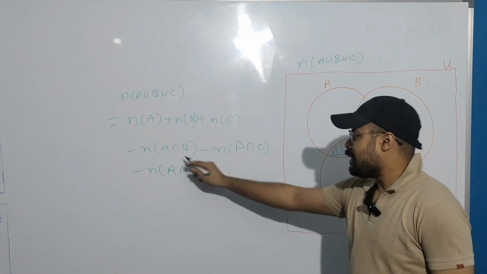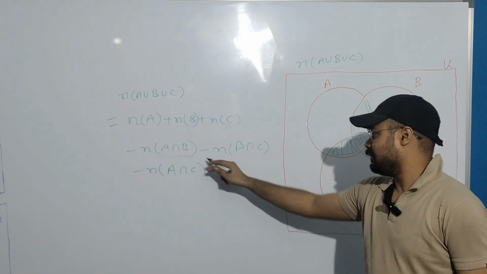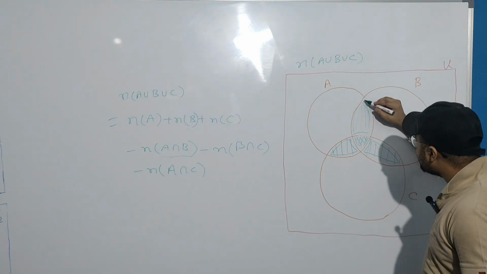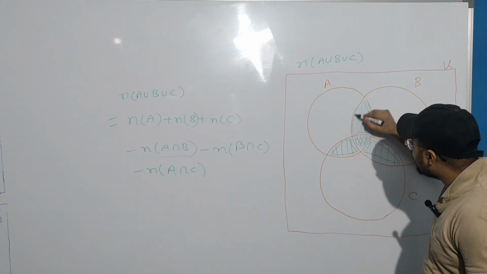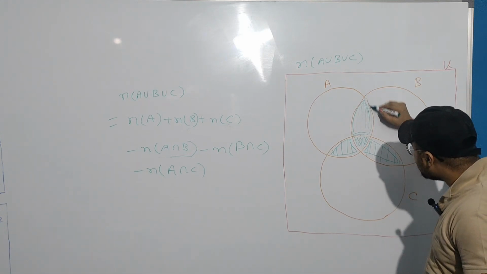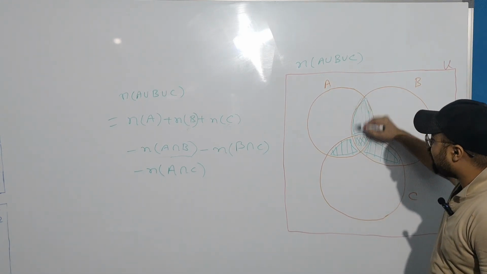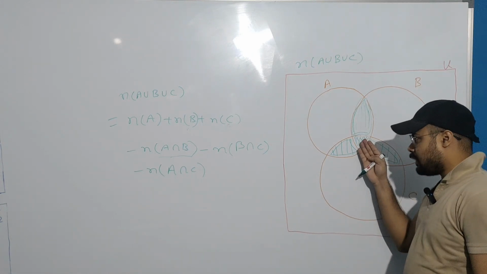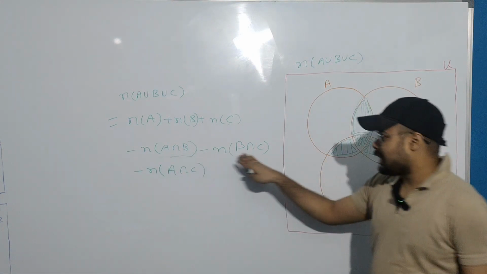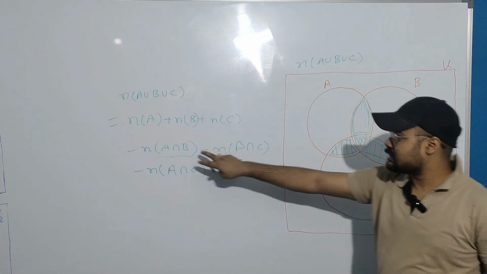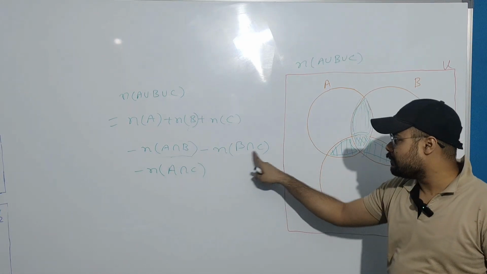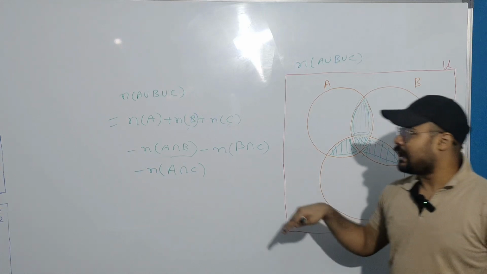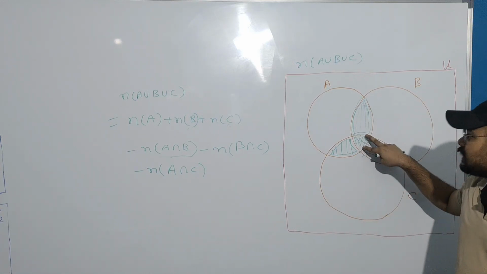But when you subtract A intersection B, it includes not only up to this region but all of this. Because these are counted thrice, but while subtracting the elements common in A and B, common in B and C, and common in A and C, you have actually not included this region.